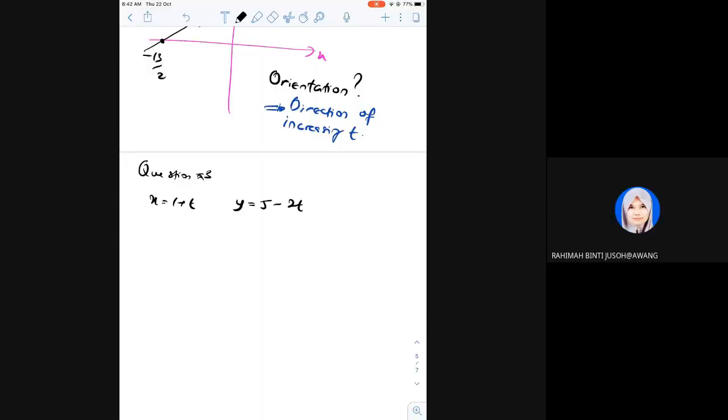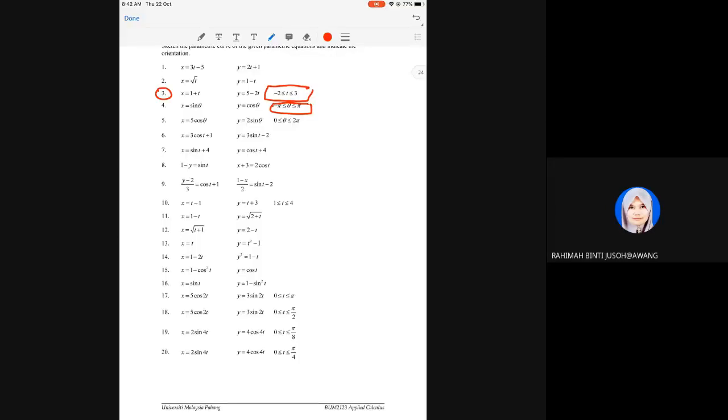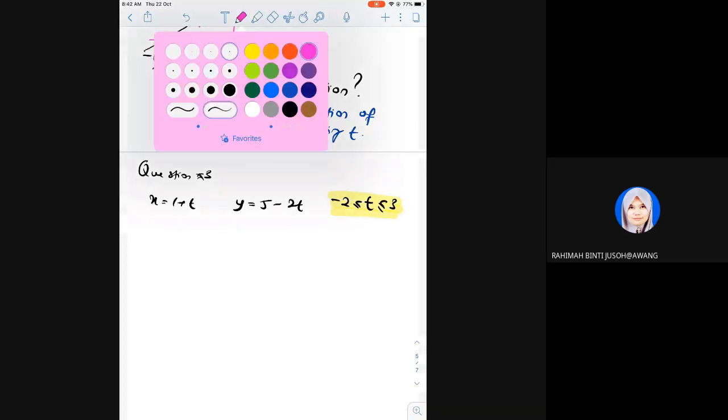Okay, now, different here, we have the interval. T is from negative 2 until 3. Okay, look here, this is the interval. I will explain to you about the interval.